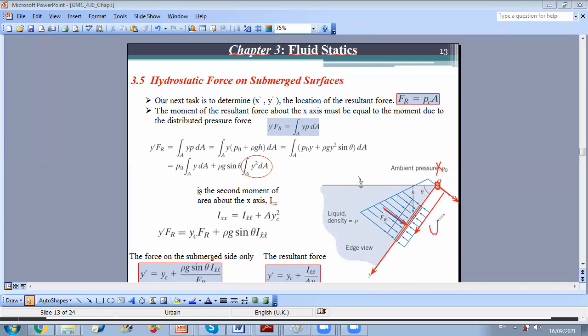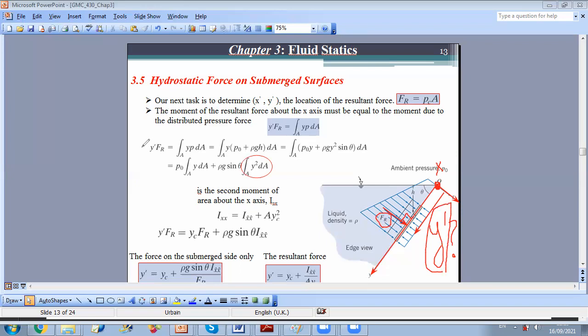I want to find what y prime should be to satisfy the equivalent conditions for the concentrated force and the distributed load. You move the force to a location y prime. What is the moment it creates about the x axis? You multiply the force by the perpendicular distance, so I need FR times y prime.